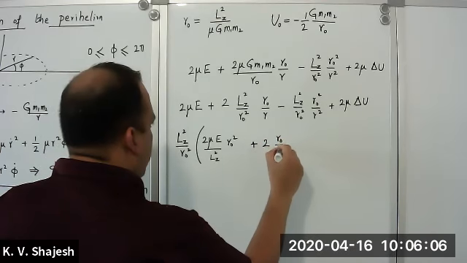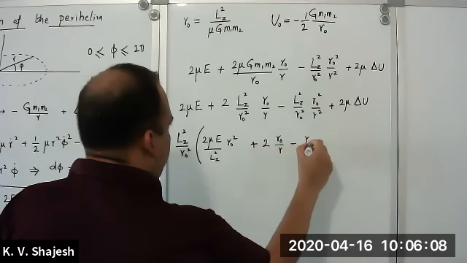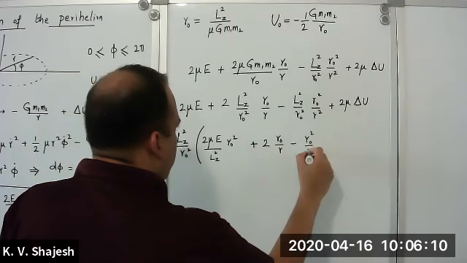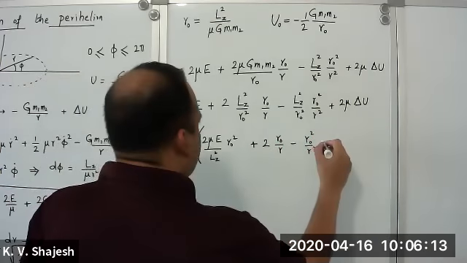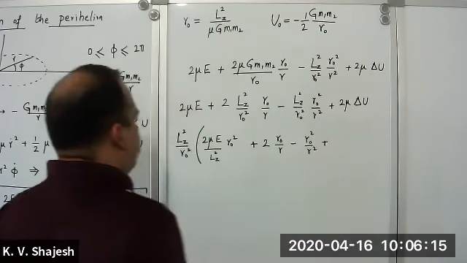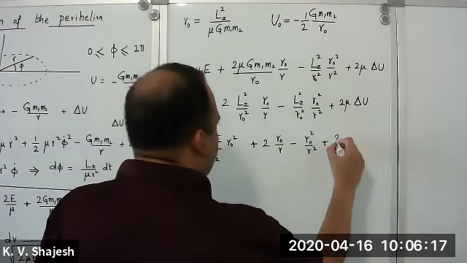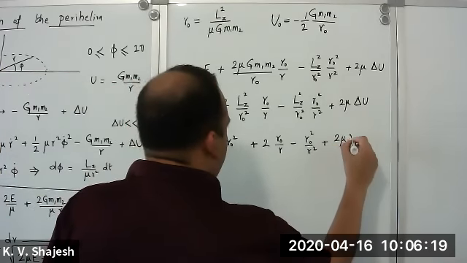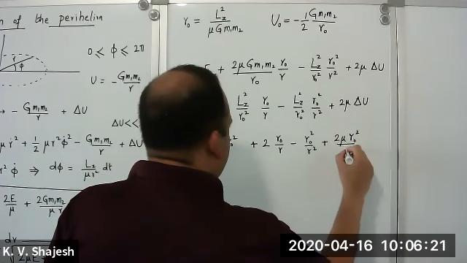So it's R naught over R minus R naught square over R square plus 2 mu R naught square over LZ square.